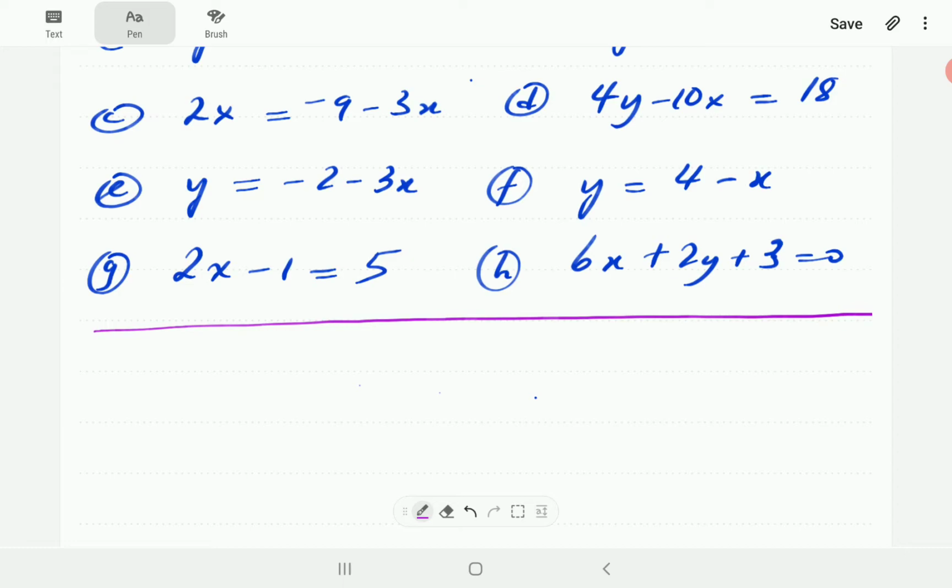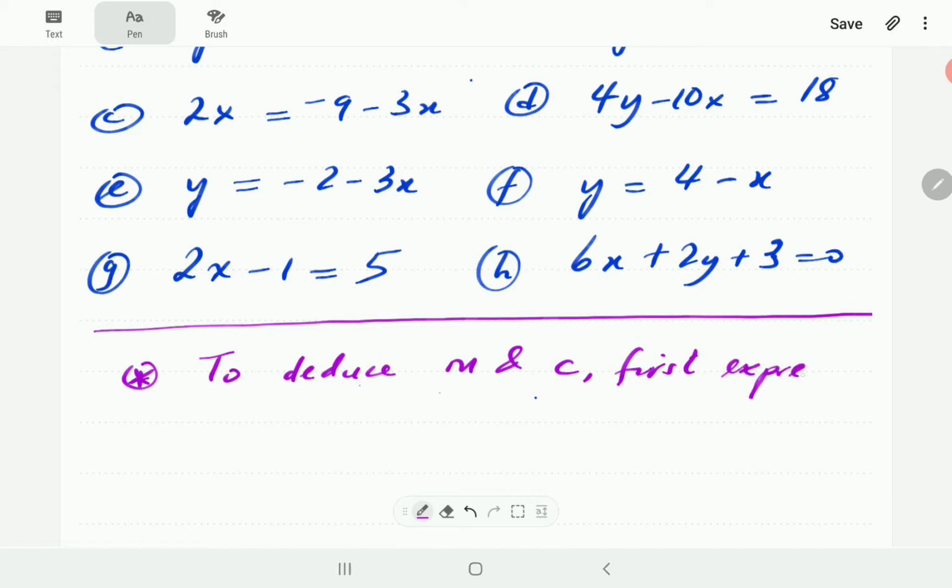So to deduce m and c, we need to first express the equation in standard form.